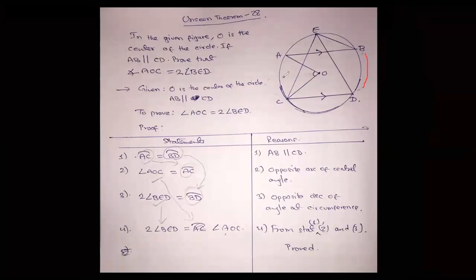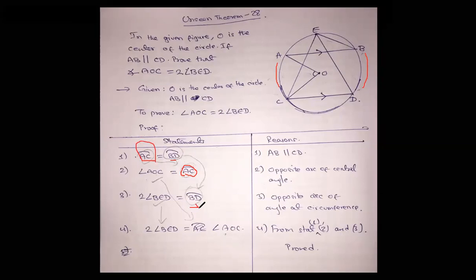Then let us go to the next. Now, this arc and this arc were equal to each other, so AC and BD were equal. AC is here, let me circle AC first. AC is here and BD is here.